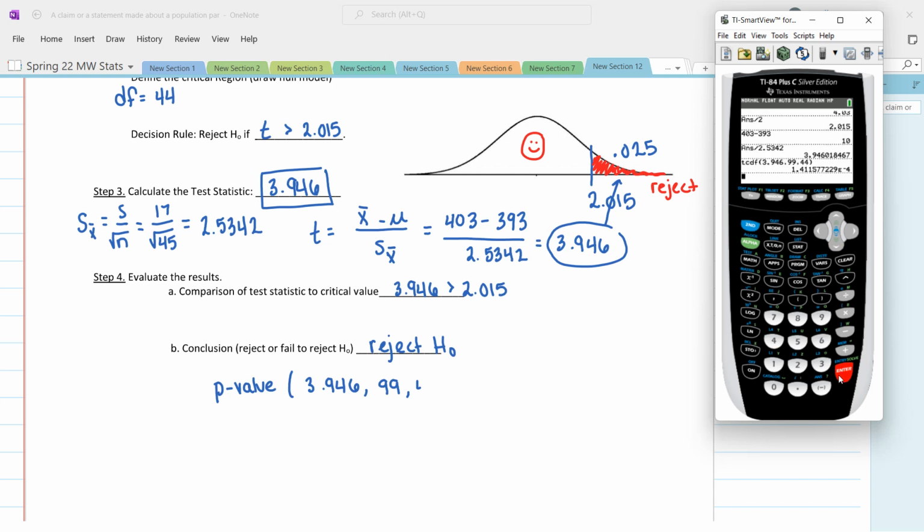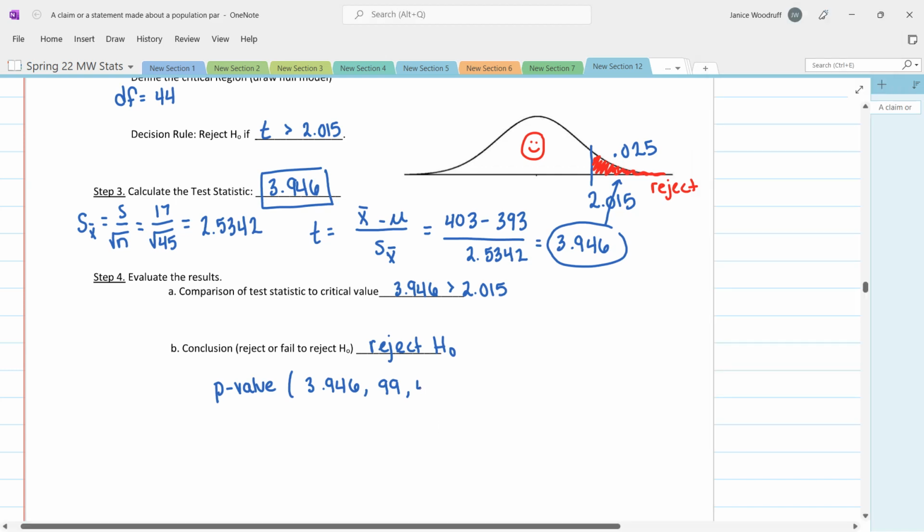So scientific notation there, that is e to the negative 4, so 4 decimal places to the left will give us 0.0001 there. So that's your p-value, 0.0001. Remember, if p is less than alpha, you reject. Okay, so 0.0001 is less than 0.025.